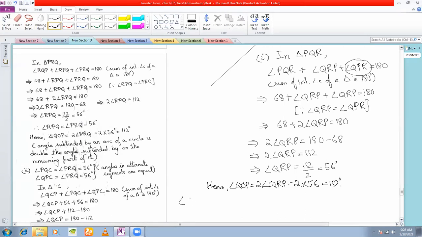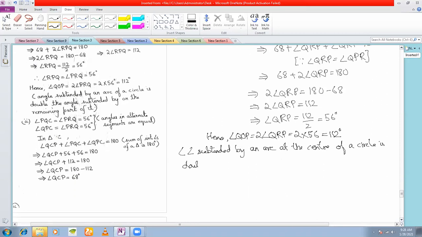The reason is: angle subtended by an arc at the center of a circle is double the angle subtended by it on the remaining part of the circle.